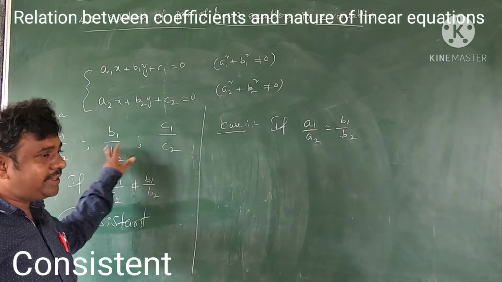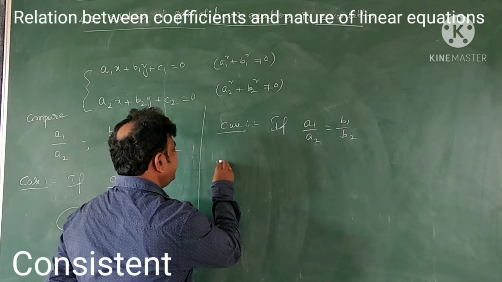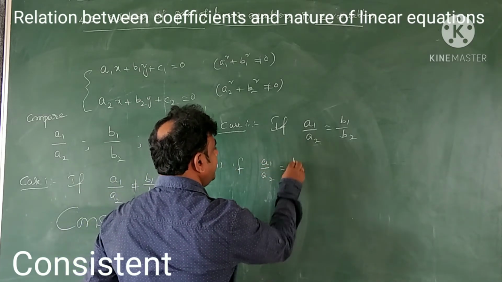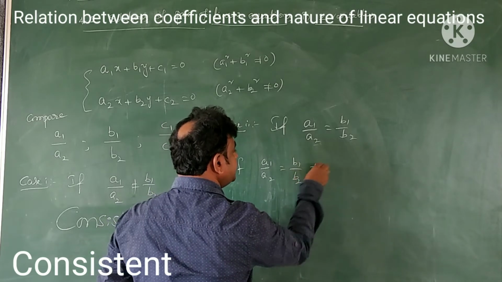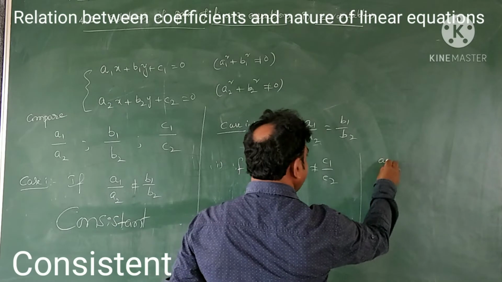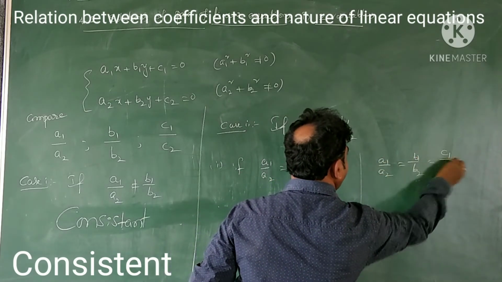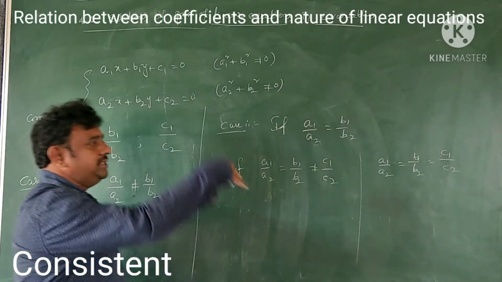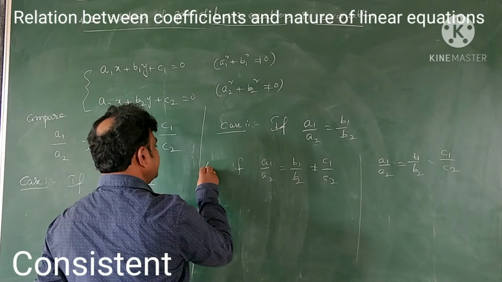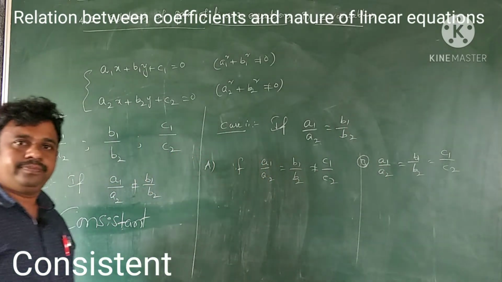If both are equal, then we must compare with c1/c2. First, observe here: a1/a2 equal to b1/b2, that is not equal to c1/c2. This is one case. a1/a2 equal to b1/b2 equal to c1/c2. This is another case.